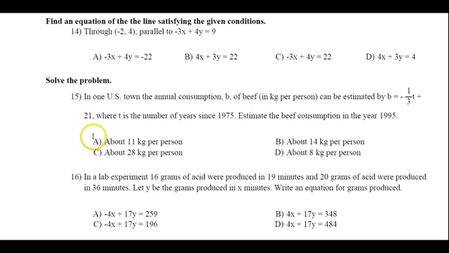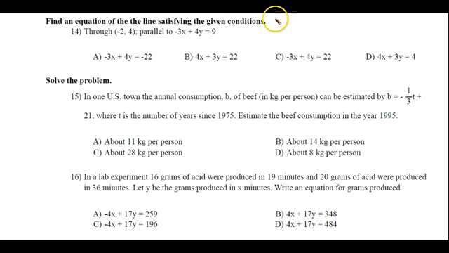All right, now number 15 is a little bit of a challenge. And keep in mind, I did work these out on paper ahead of time, so I knew what I was talking about. So in one U.S. town, consumption of beef, which will be B, can be estimated by the formula.